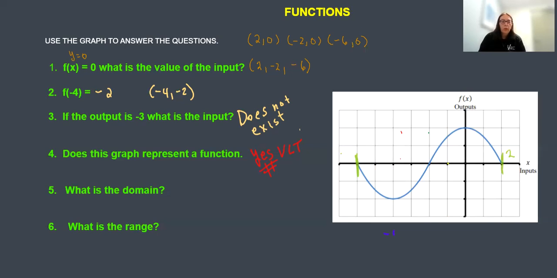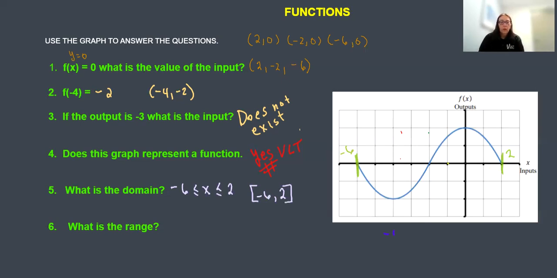So the domain is -6 is less than or equal to x, because the x coordinate is our domain, which is less than or equal to 2. Or you can write it in brackets, because we're including the -6 and we're including the 2. If we weren't including them, then we'd use parentheses.